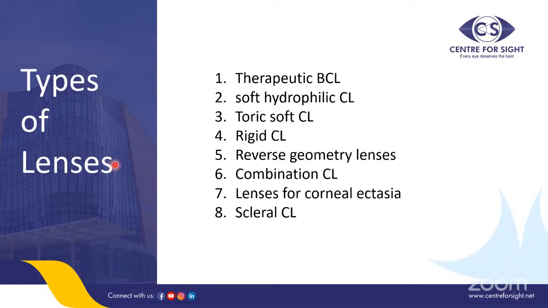Therapeutic bandage contact lens, soft hydrophilic contact lens, toric soft contact lenses, rigid contact lenses, reverse geometric lenses, combination contact lenses. Then there are lenses for corneal ectasia, and finally scleral contact lenses. So all these lenses are available in our armamentarium, and I will be just briefly discussing each and every one of them.